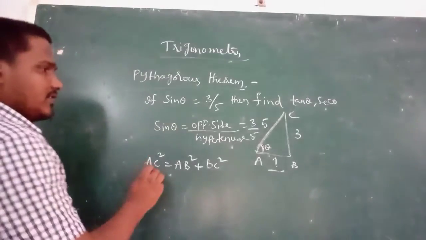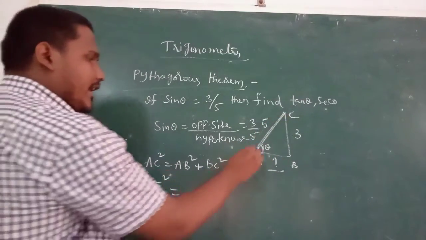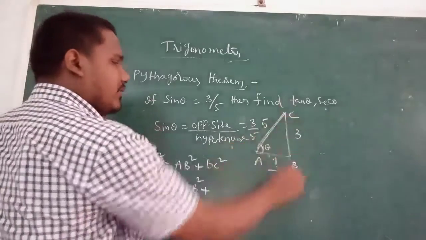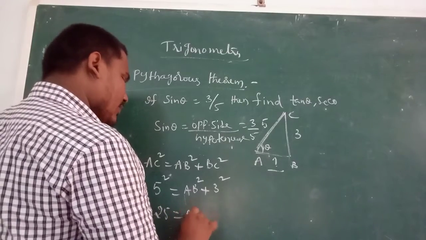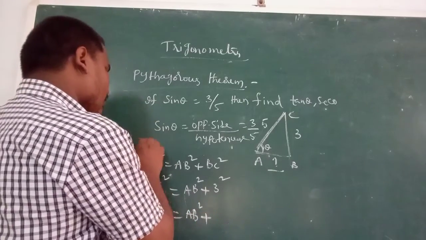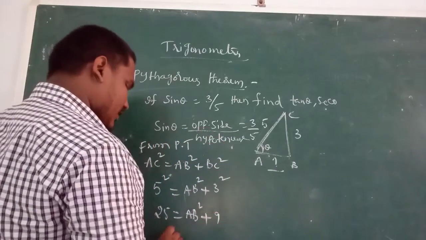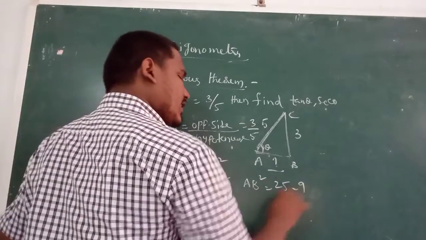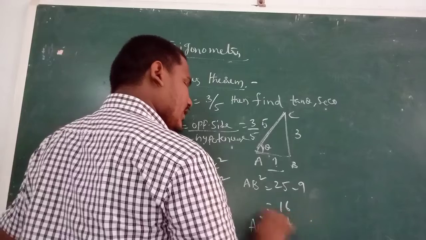AC square means here AC means 5 square. AB means we don't know, AB square plus BC square means 3 square. 25 is equal to AB square plus 9. AB square is equal to 25 minus 9, 16. AB square is equal to 4 square.